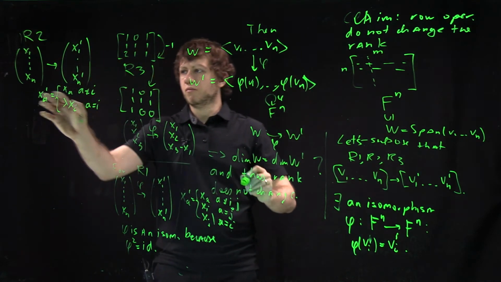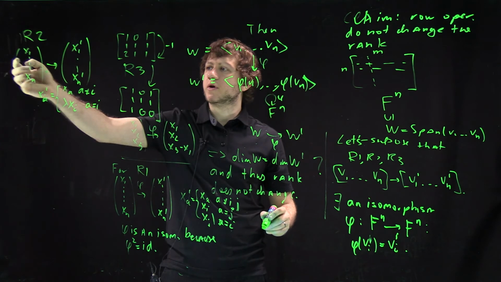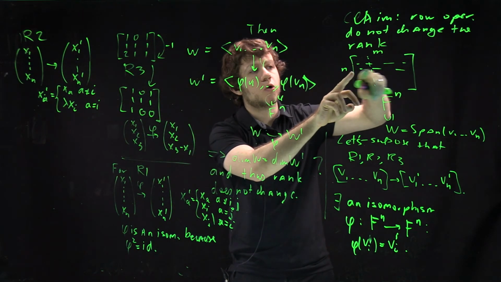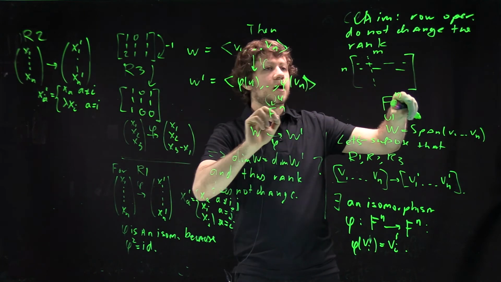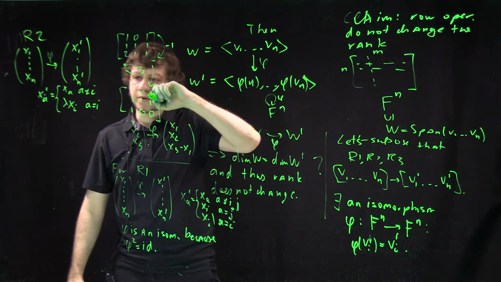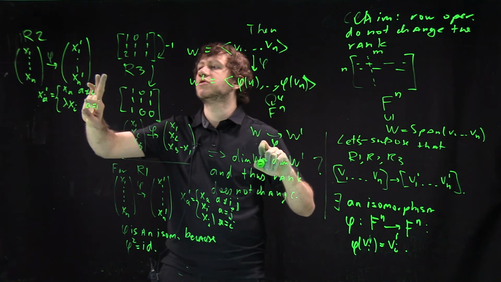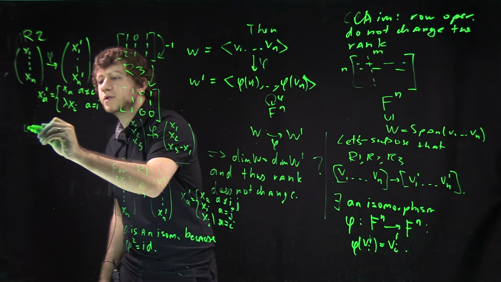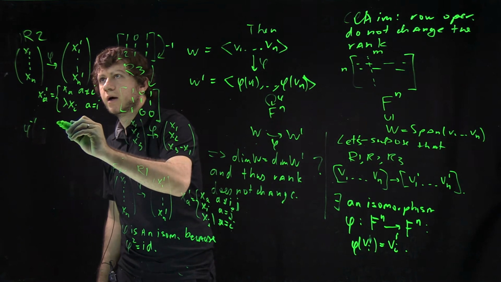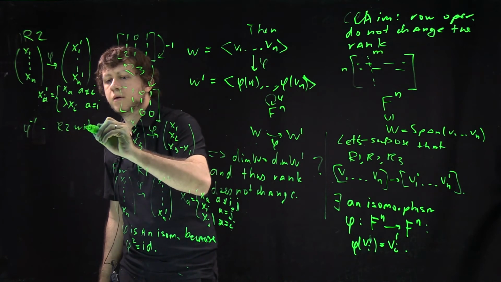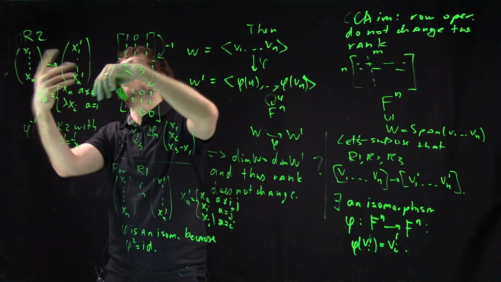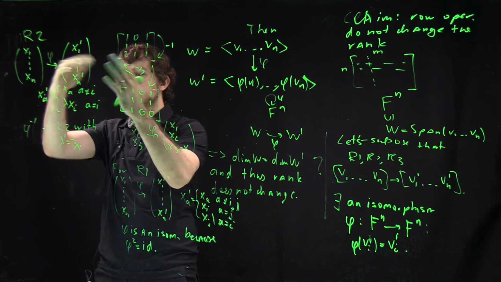So you just multiply one of the coordinates by lambda, and if you have a matrix, what will happen is the whole row will be multiplied by this lambda, and so this is an isomorphism, phi. And again, the simplest proof that it is an isomorphism is because you can do the inverse. So phi inverse is just a similar map R2 with lambda prime equal to 1 over lambda. So if you do the same transformation backwards, instead of multiplying by lambda, just dividing by lambda, you are done.